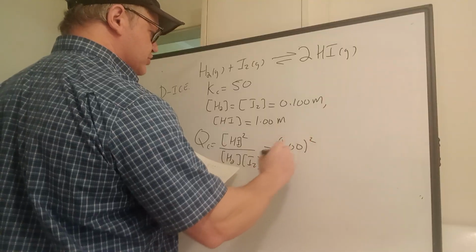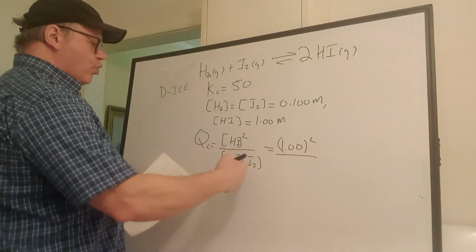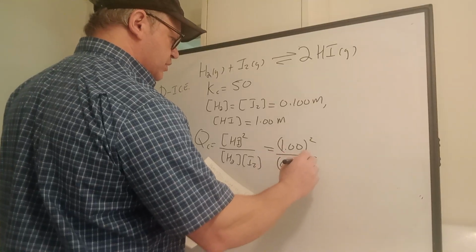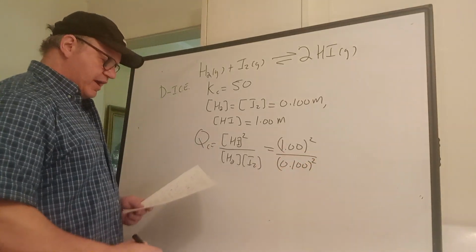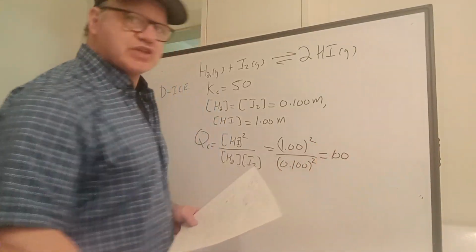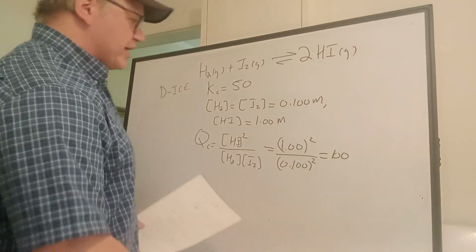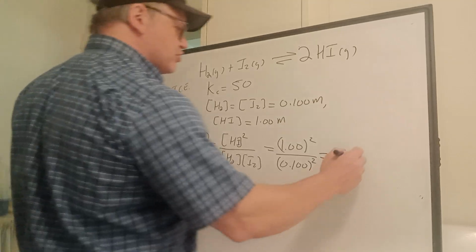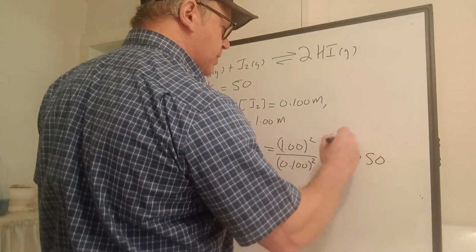Of course, 1 squared is just 1. And then we have 0.100 for each one of these, squared. Don't forget that. And that's equal to 100. So in this particular case, unlike prior examples, Q is greater than K because K is 50.